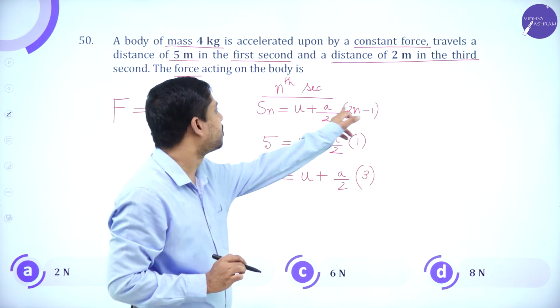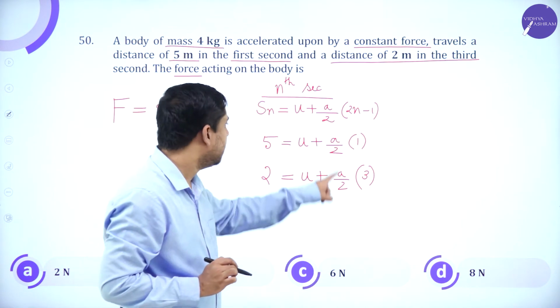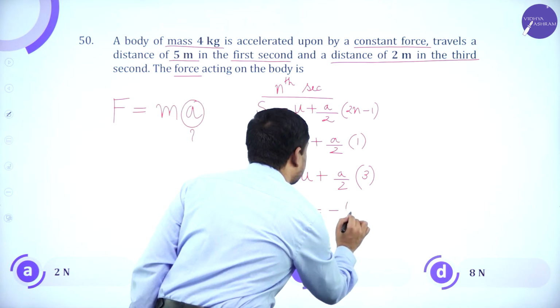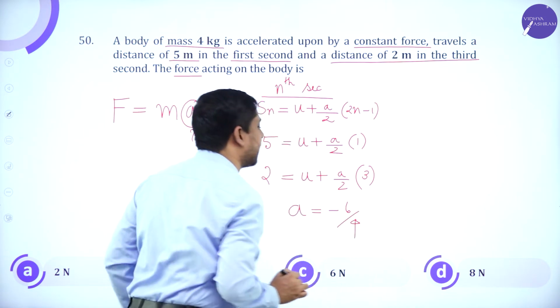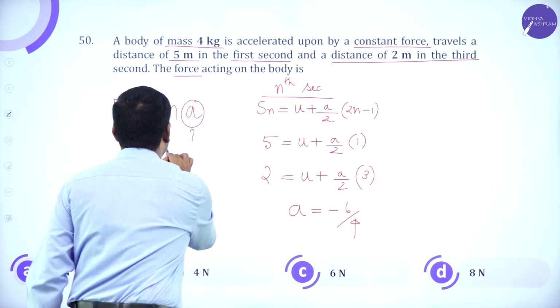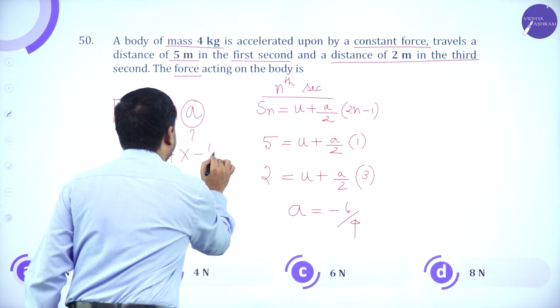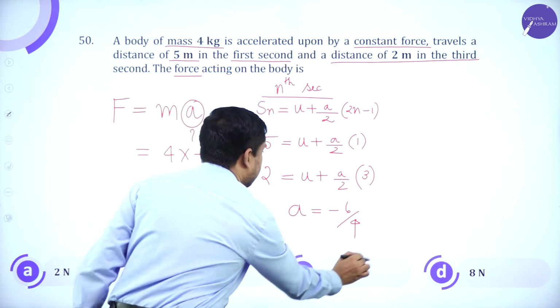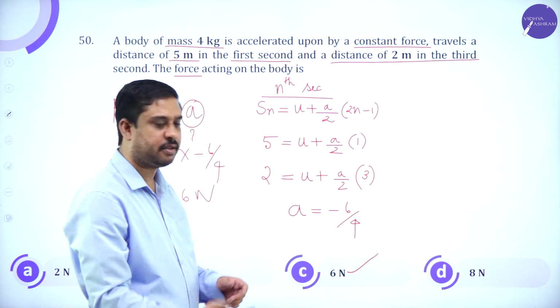I'm just substituting here. Simplify this. a turns out to be minus 6 by 4. So on substituting, 4 into minus 6 by 4, 6 Newton is the answer.